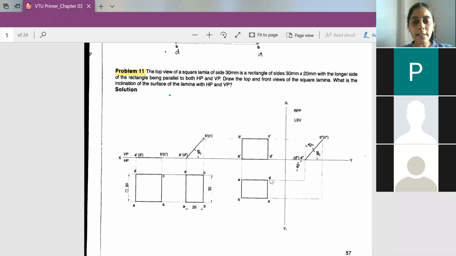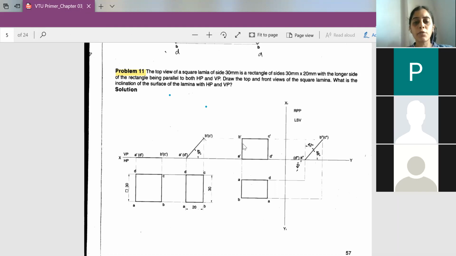After getting this, you have to now project above to get the front view. So now you will take the locus of A and B, locus of C and D above, and you have the locus of B dash and C dash and locus of A dash and D dash also. So go through the locus. This is the locus of A, it is meeting A dash at this point.